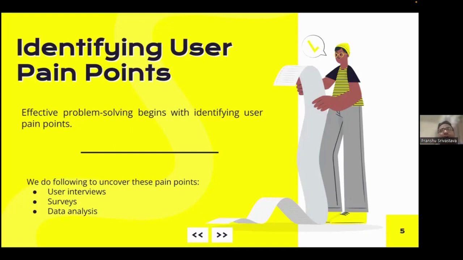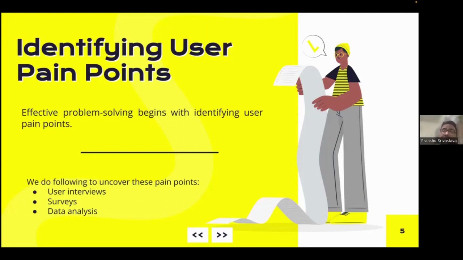Whenever we have to understand the user's pain points, we simply go on a call with customers. We discuss. We create a list of questions for the customer. Everything is iterative. Everything depends on the type of customer and the segment of customer. We do user interviews.